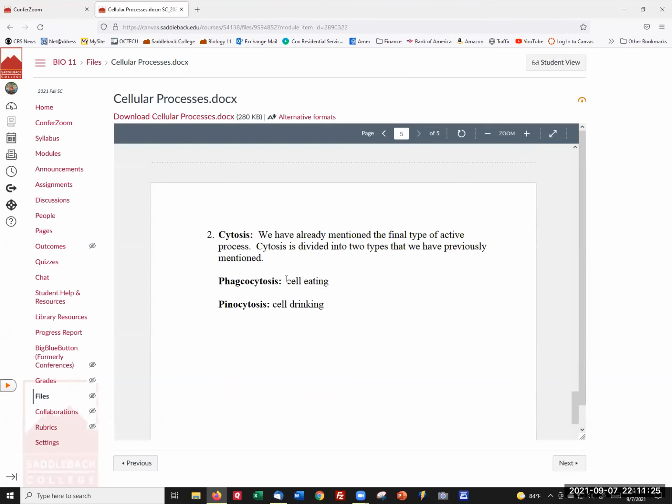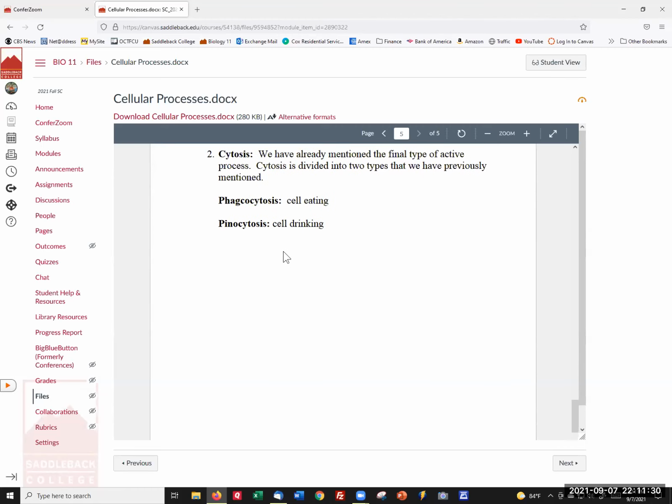Cytosis, we already know this one. We've mentioned it already. Cytosis comes in two phases. Phagocytosis, which was cell eating, happens when a food vacuole is formed and a food particle is brought in from the outside of the cell.